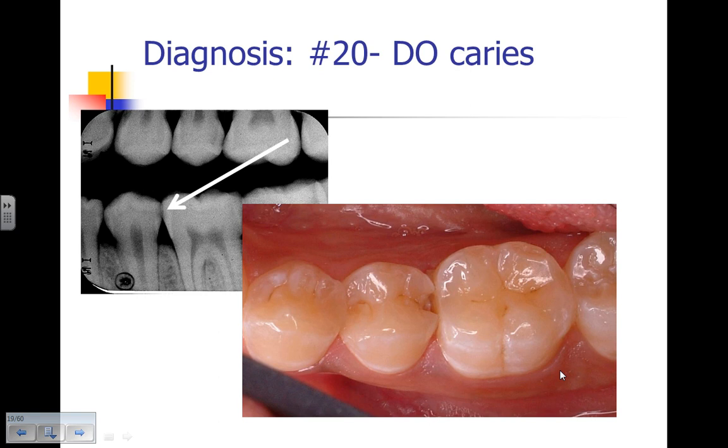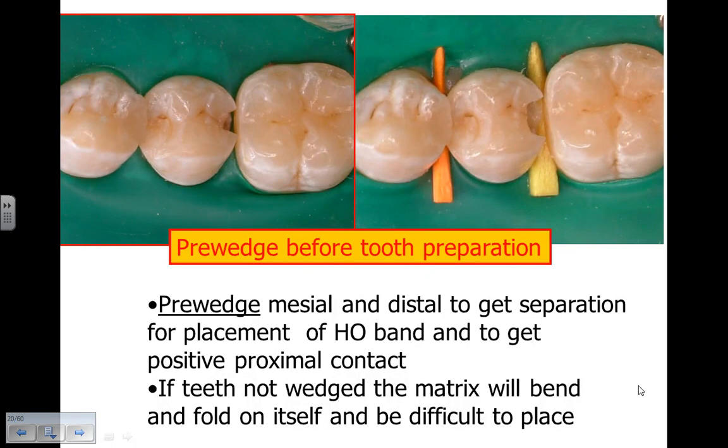Our diagnosis is number 20 has a distal occlusal carious lesion where we can see there was fracture of the distal marginal ridge. We've anesthetized the patient and we've pre-wedged the teeth. Wedges are placed mesial and distal, and the reason it's placed mesial is I'm going to be using a Ho band, and in order to break contact to allow me to place the matrix band, I need to place wedges.